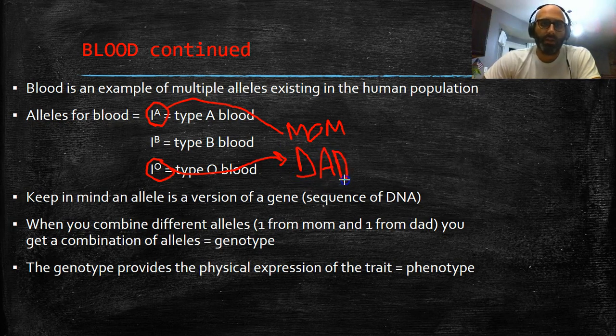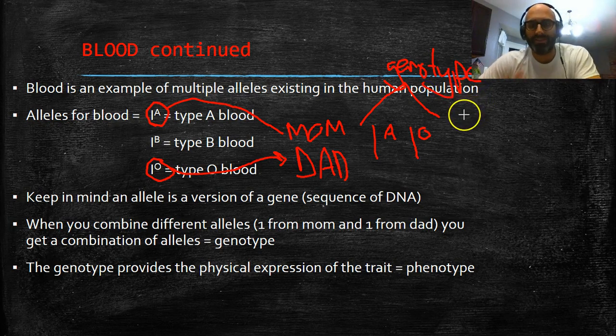Well, those combinations come together, so you have I superscript A, you have I superscript O. This thing right here is called a genotype. That genotype is what you have in your body. It's this allele combination, a combination of genes that are going to determine your blood type.